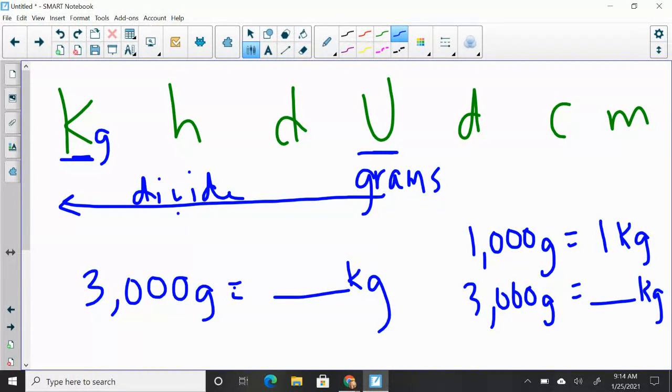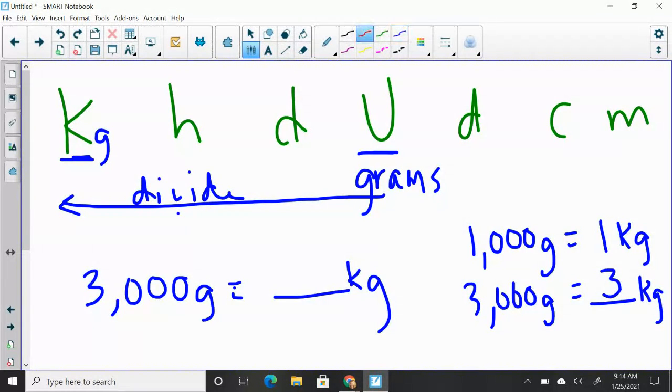Okay, can you tell me how many kilograms is 3,000 grams? It'd be... If 1,000 grams is 1 kilogram, 3,000 grams is going to be 3 kilograms. Okay, so how did I go from 3,000 to 3? I divided by 1,000 this time.